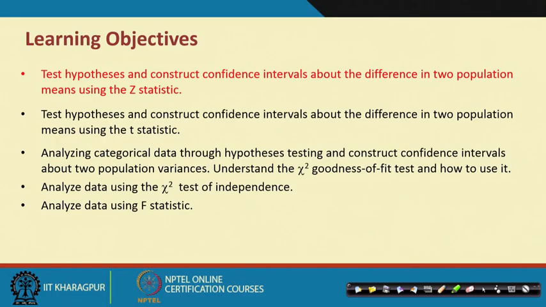So our objective here is to test hypotheses and construct confidence intervals about the difference in two population means, using the Z statistic, and again to test hypotheses and construct confidence intervals about the difference in two population means by using the T statistic. Again we will solve some problems relating to categorical data by using the chi-square statistic, and then some problems by using the F statistic.